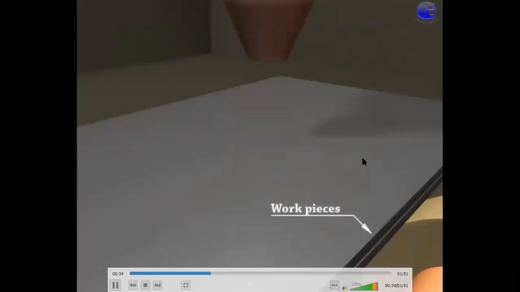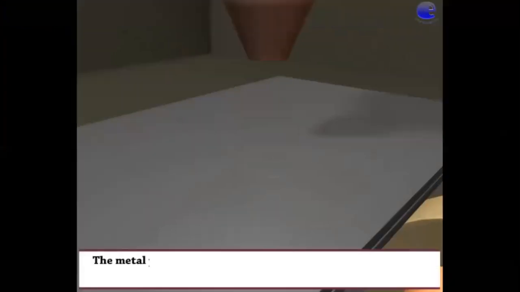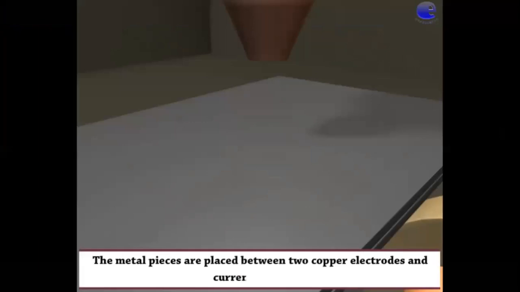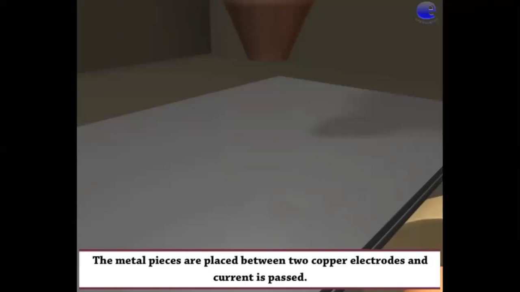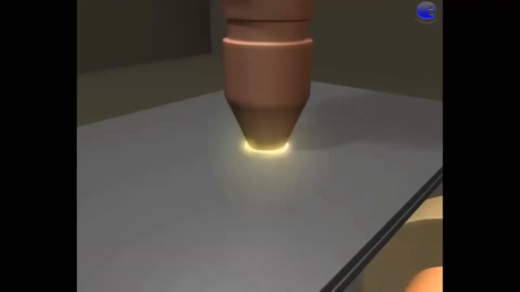So this is the metal workpieces. Metal pieces are placed between the copper electrodes and current is passed through the electrodes. As they come in contact with each other, the metal offers a resistance, and this kind of weld is formed.